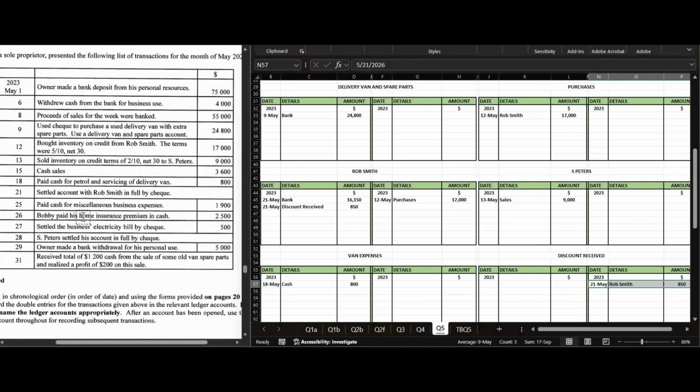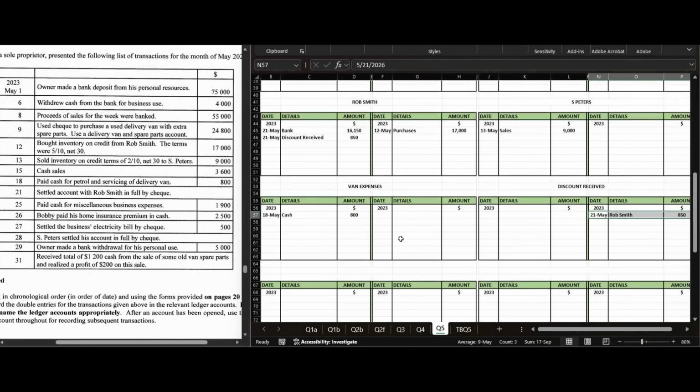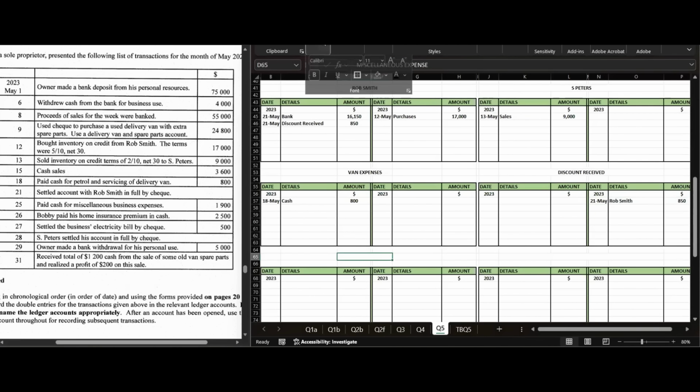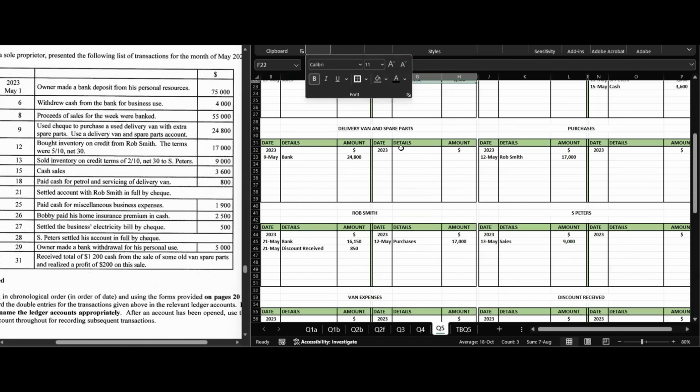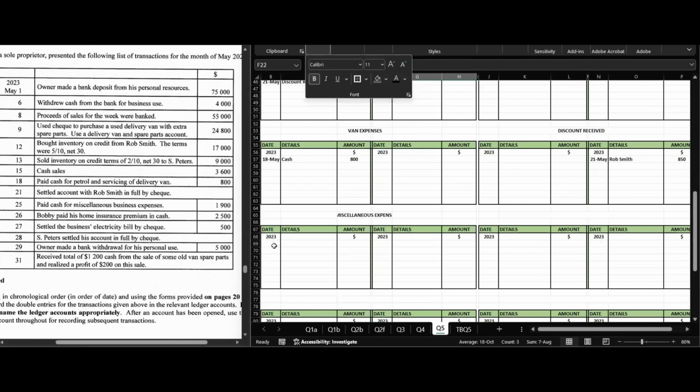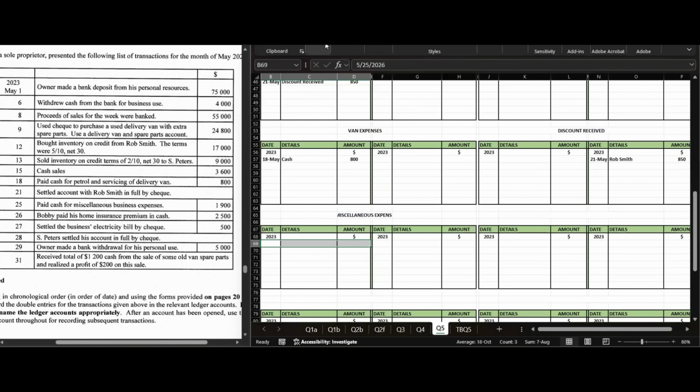Now moving on, paid cash for miscellaneous business expenses. Well, that is miscellaneous expenses, which will be another account that we're going to create. Paid cash means you're going to credit your cash and debit your miscellaneous expenses. There we go. Moving on to the 26th.